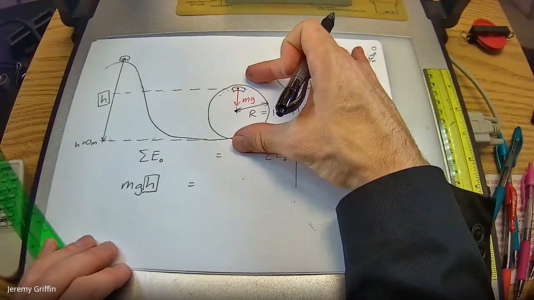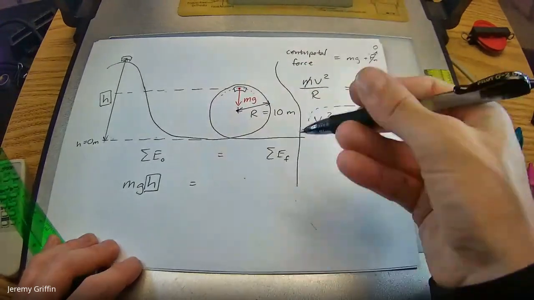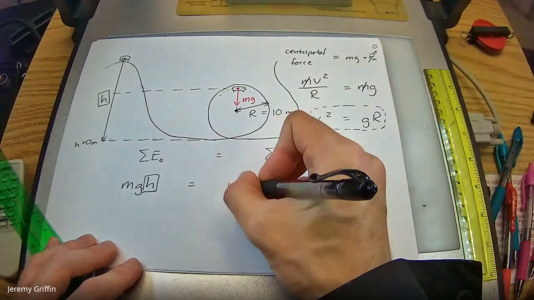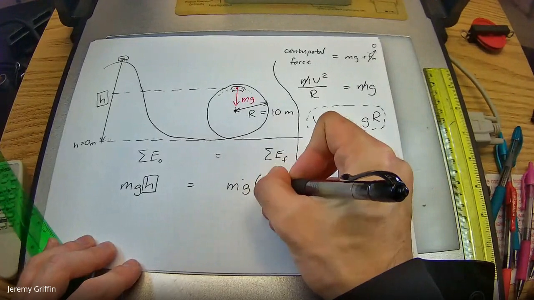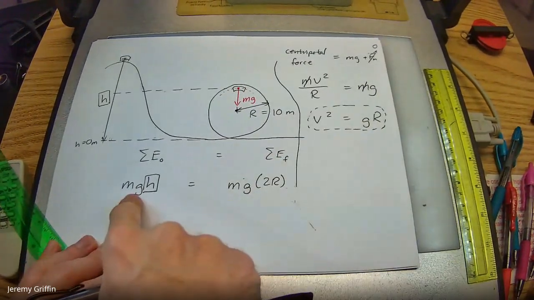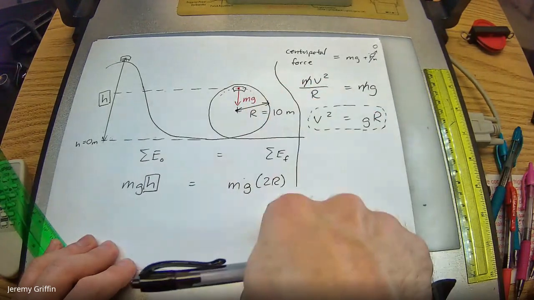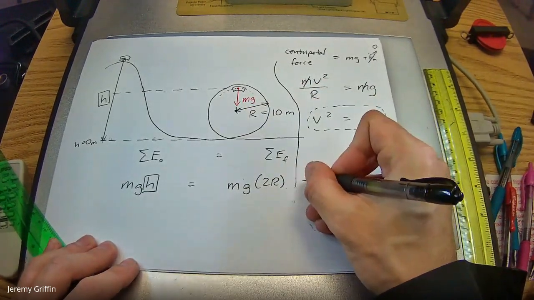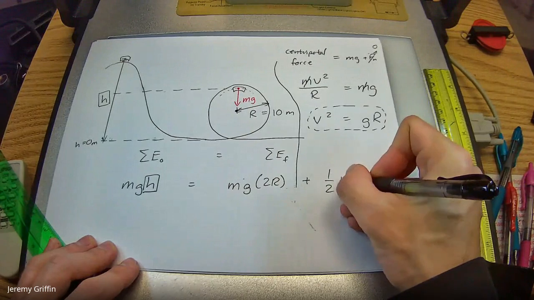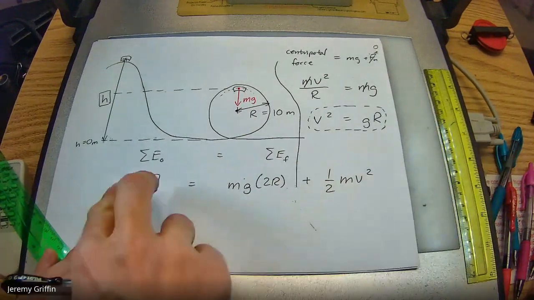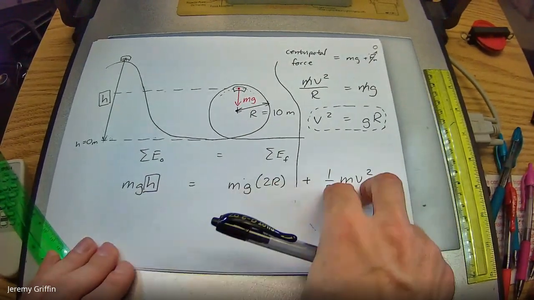I see it's going to be 2r, which is like 20 meters. So in terms of variables, mg times the height of 2r. So here's the source of energy. Some of it was diverted into rolling it back up to this level. But there's going to have to be some energy left over to go into 1/2 mv squared. So this number of joules equals this number of joules plus this number of joules.